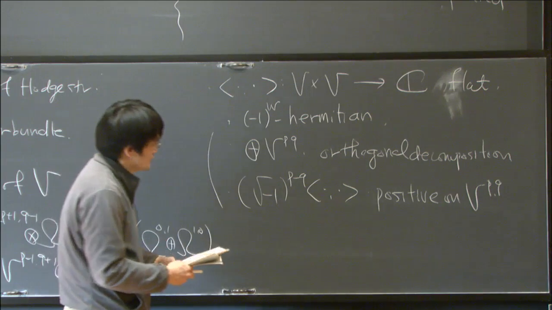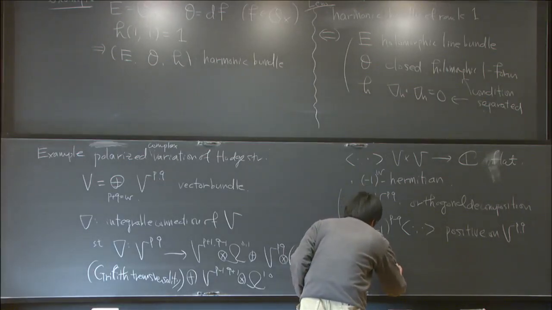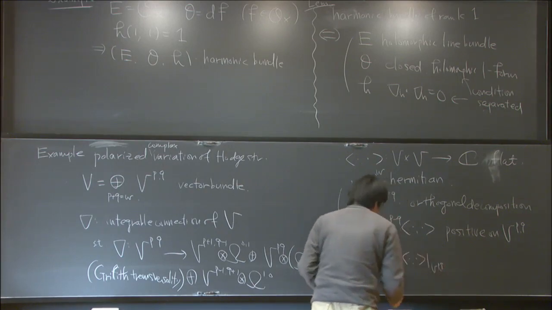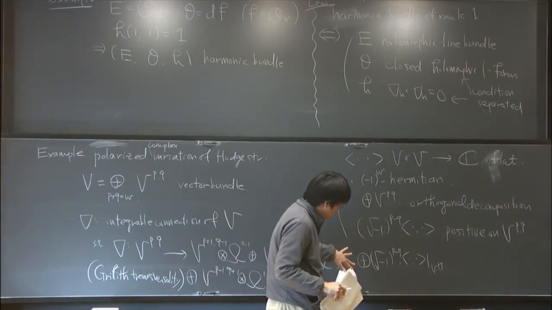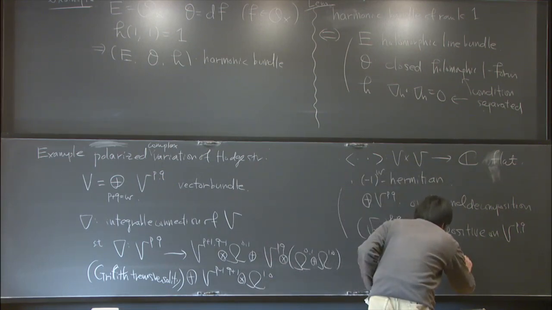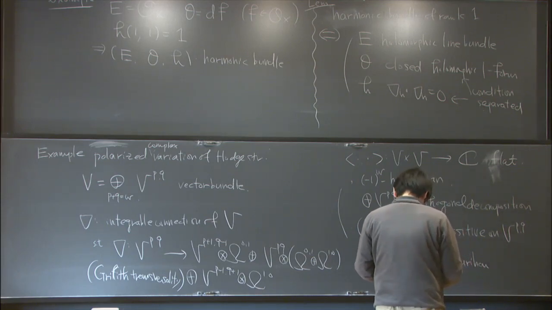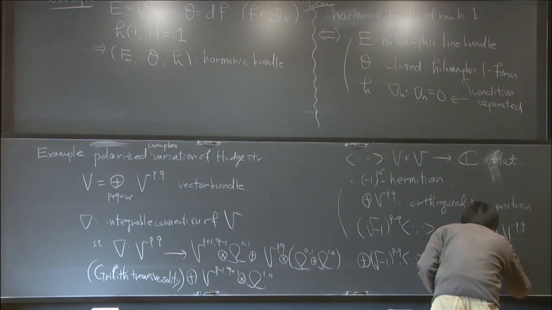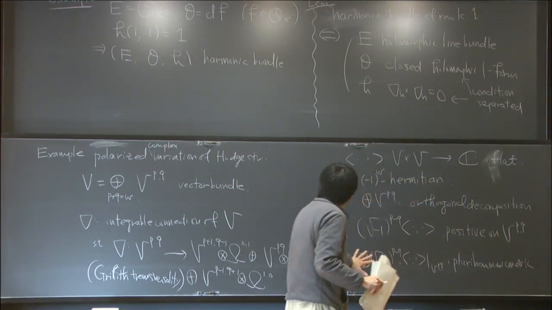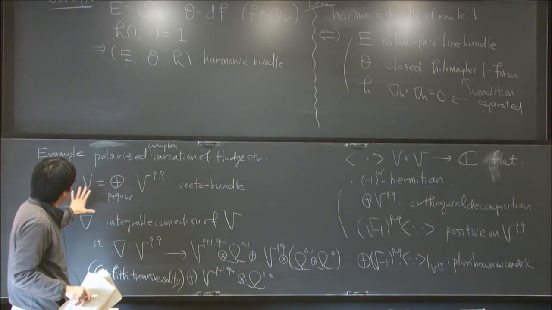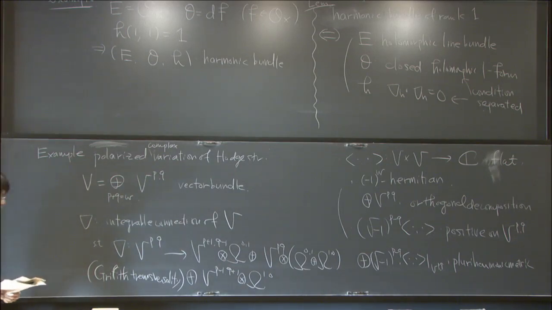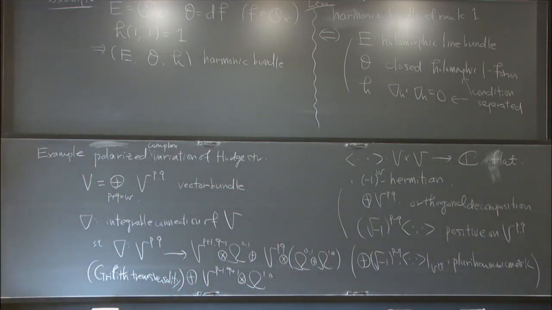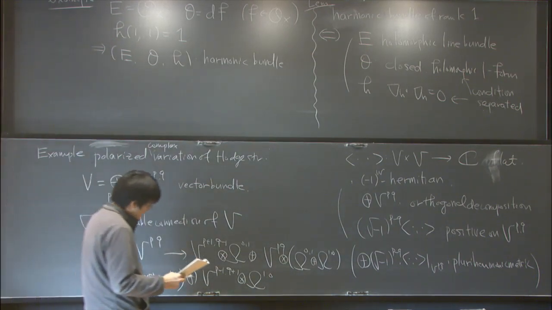In this case, the direct sum is positive definite, so it gives a Hermitian metric, and this gives a pluri-harmonic metric. So these are basic examples.